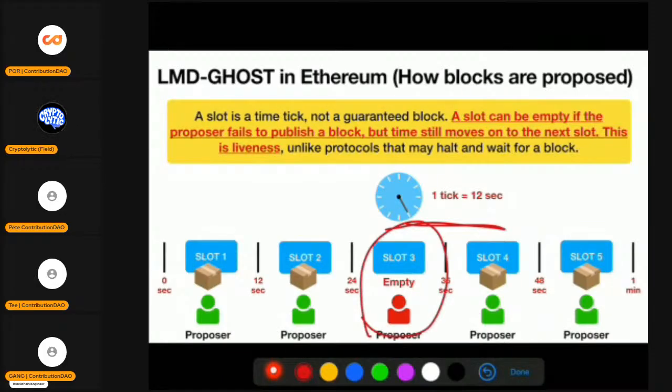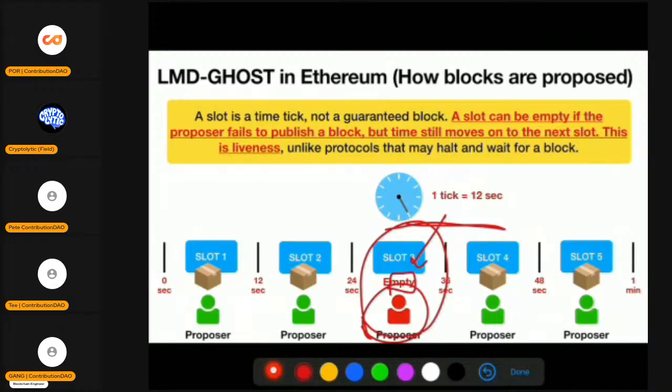The slot is empty when the proposer, or the leader of that slot, fails to publish a block, so there is no block in this slot.